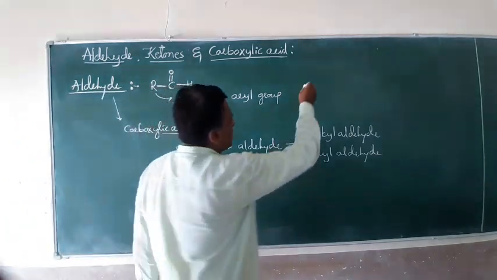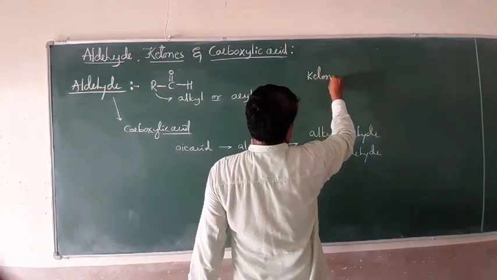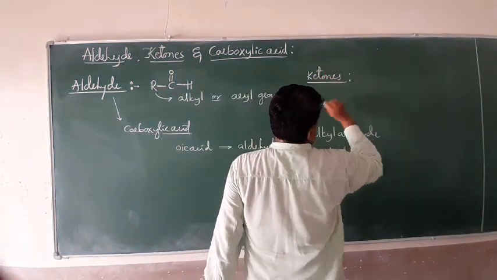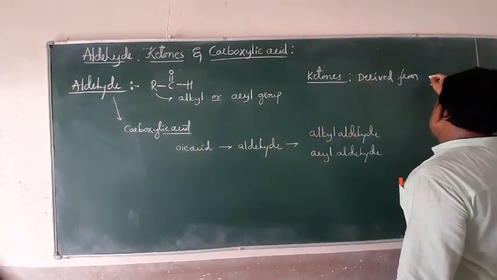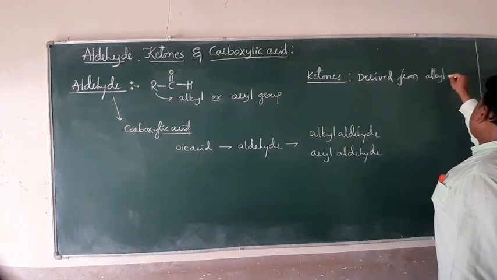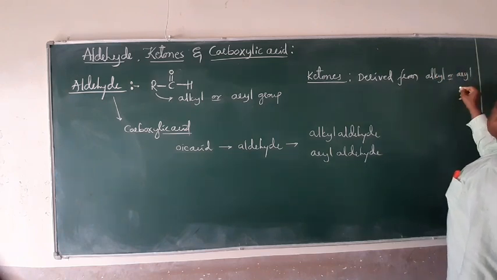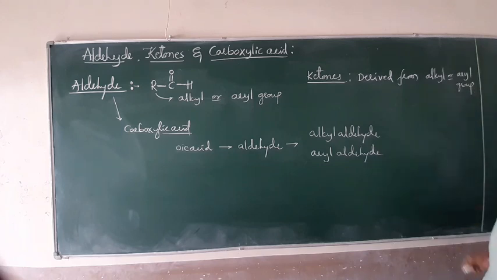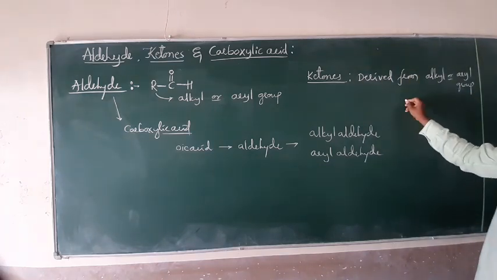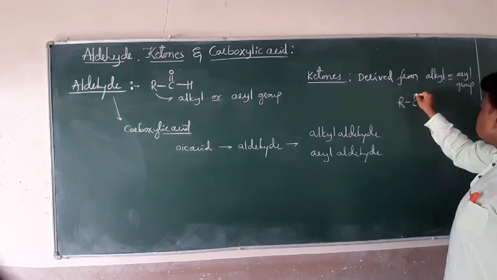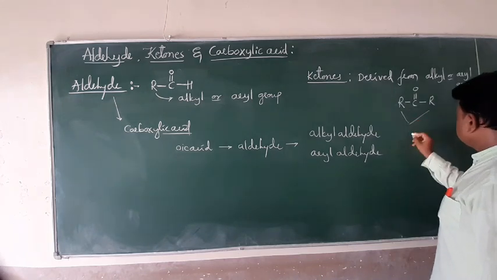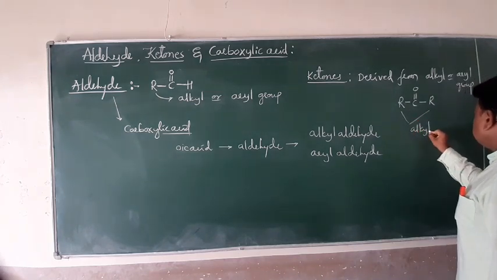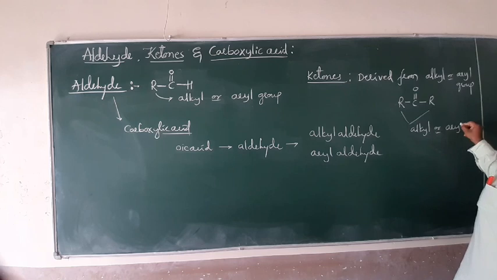Similarly, ketones are derived from any alkyl or aryl groups. I repeat friends, ketones are derived from any alkyl or aryl groups with the general formula RC double bond O R. This R represents either alkyl or aryl groups.